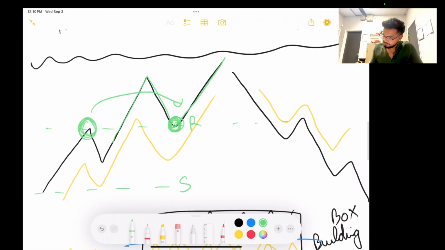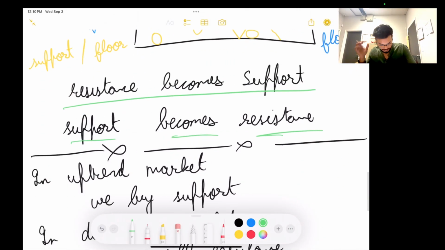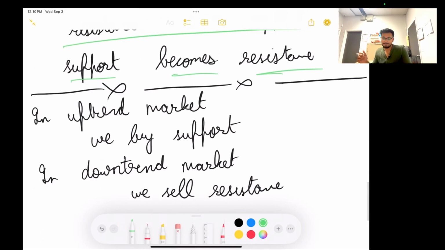Okay, so this is how it looks. This is our support, this is our resistance. When price breaks below this support and comes back to test this, this will be the new resistance. So you see, support becomes resistance.